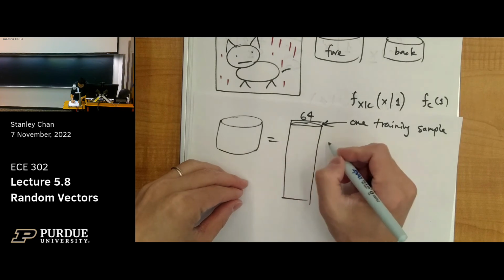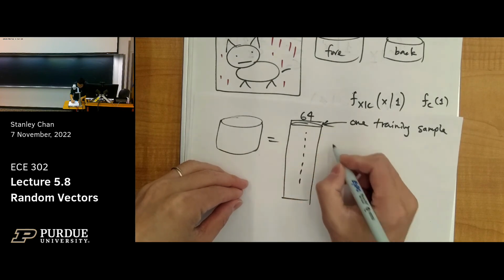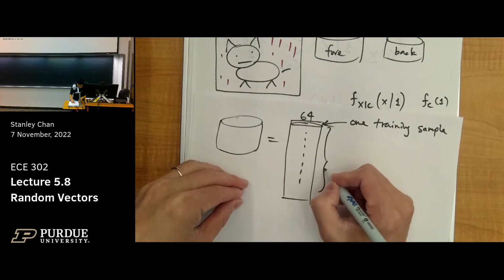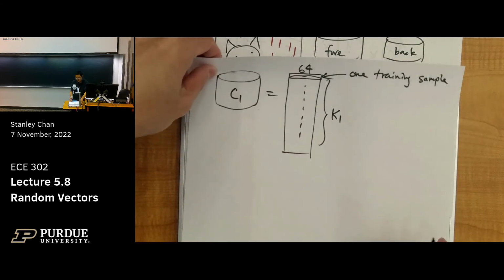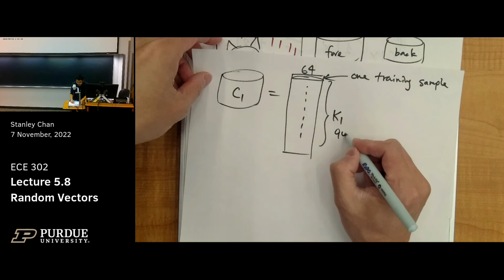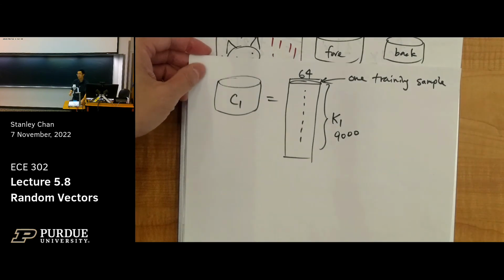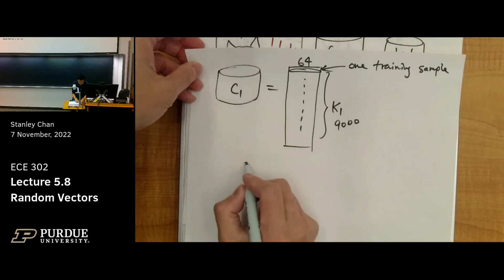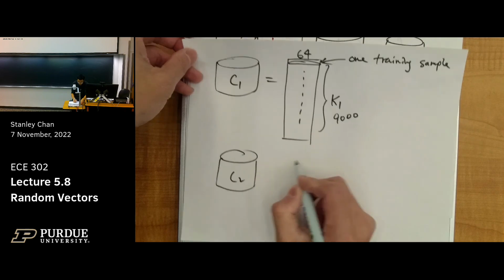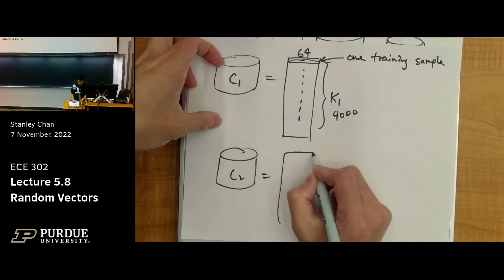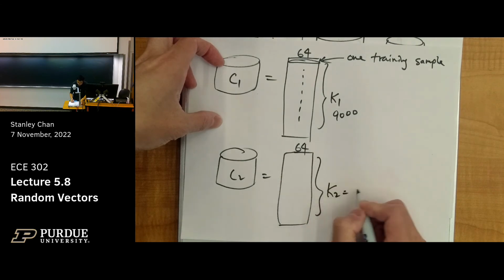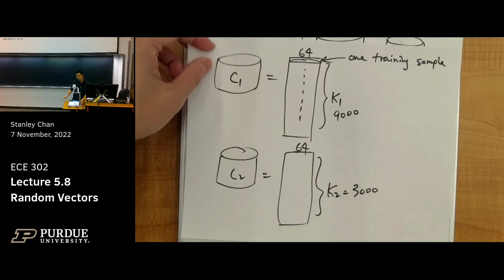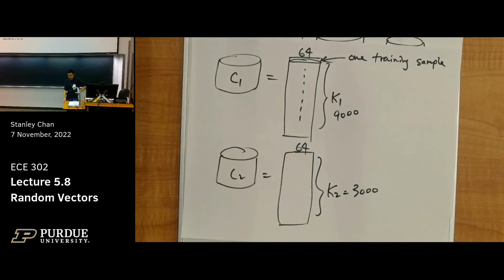And then you have many training samples. So here you have class 1, so K1 number of samples. Maybe there are 9,000 samples, I forget the number. And then you have class 2. You have the same format, 64, and here you will have K2, maybe 3,000 samples. So there are two different numbers.